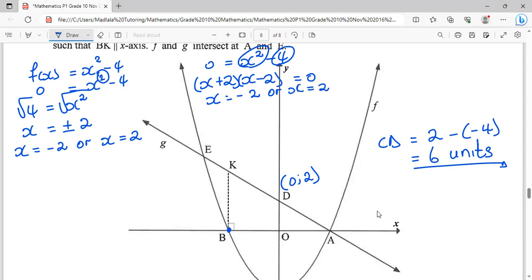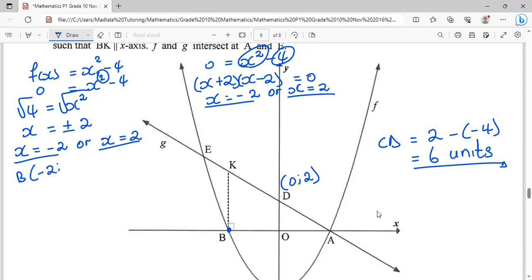So after finding your values of x, you have to decide now. If you look at point B, it's on the negative x-axis. So meaning the coordinates of B are supposed to be (-2, 0), like that.